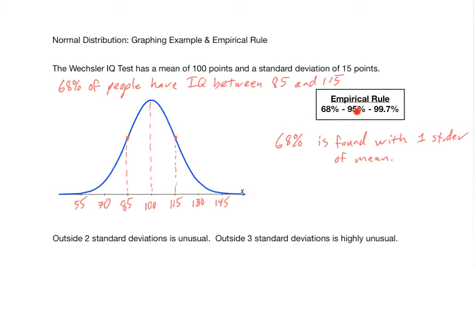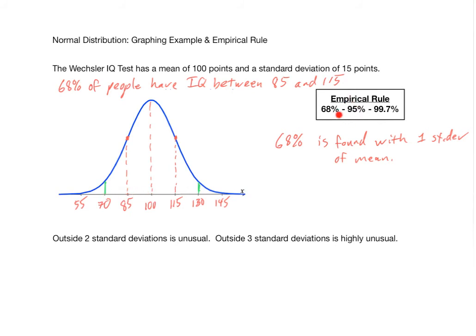The second percentage tells us that within two standard deviations, there's a total of 95% of the data. So two standard deviations, and let's write in another color here, between 70 and 130, because two standard deviations to the right of the mean would put you at 130, two standard deviations to the left of the mean will put you at 70.